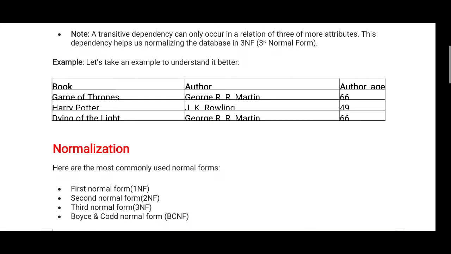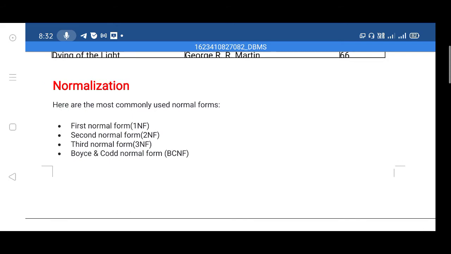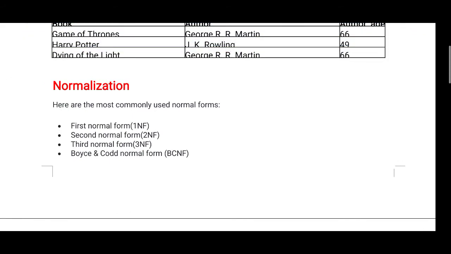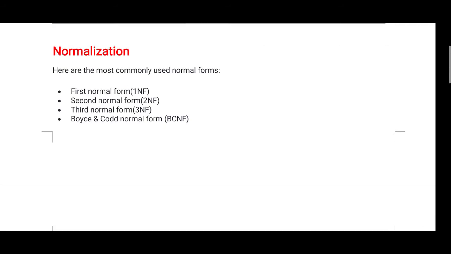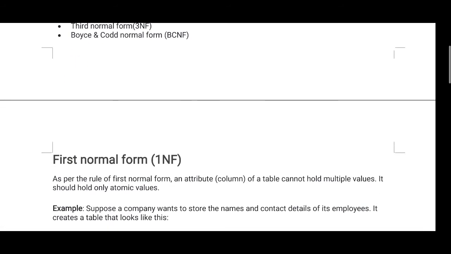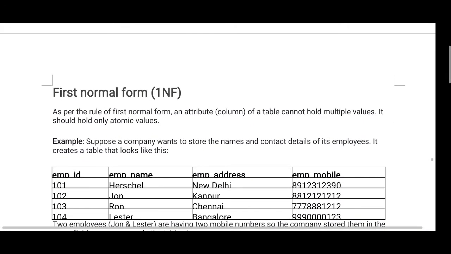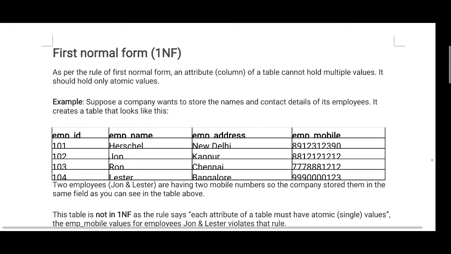Then normalization. We have first normal form, second normal form, third normal form, and BCNF. Your first normal form has only one condition: each row and column contains a single value or atomic value.